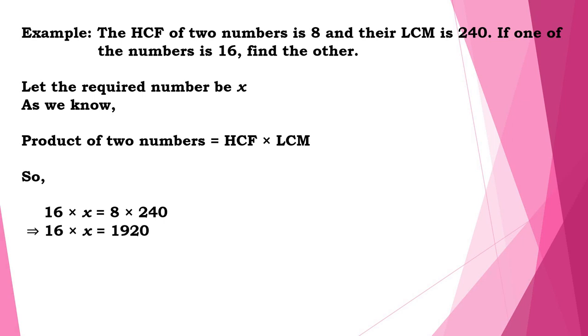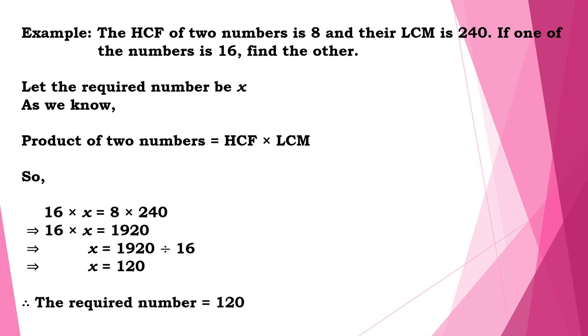So 16 into x will be equal to 1920, and then 1920 will be divided by 16 to give x, and we have 120. Okay, so the required number is 120. So the HCF of 16 and 120 is 8 and their LCM is 240.